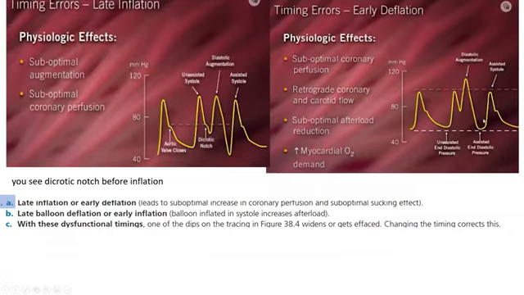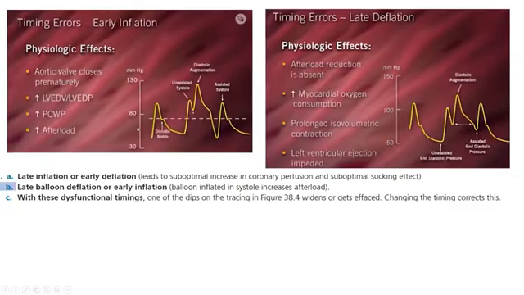So late inflation or early deflation will lead to suboptimal augmentation, suboptimal increase in coronary perfusion, and suboptimal sucking effect. Even that early deflation is particularly harmful because you can create retrograde carotid flow even in diastole. So it's really harmful.